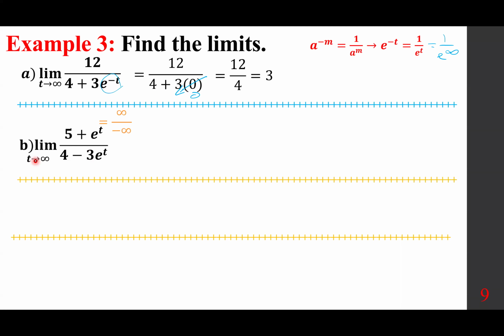In this case, we don't have polynomials, but we follow the same methodology by dividing by the highest value in the denominator, which is e to the power of t. Divide everything by e to the power of t.